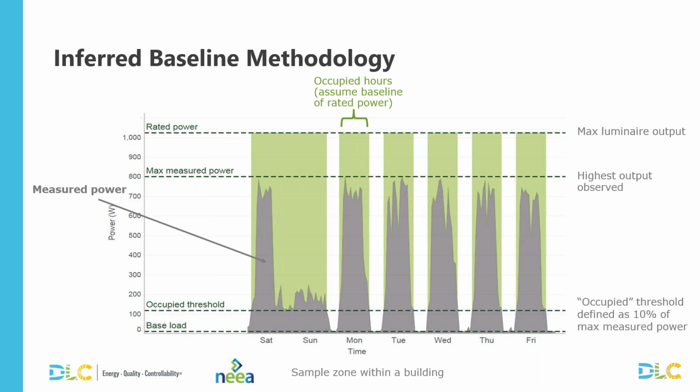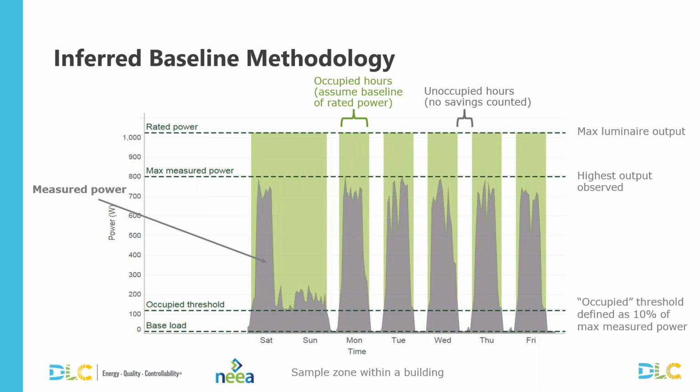Now, once we have the occupied threshold, if the normalized measurements are above the occupied threshold, which we designated as the occupied hours, then the baseline is assumed to be the rated power. And recall that rated luminaire power is one of the static attributes in the NLC datasets.